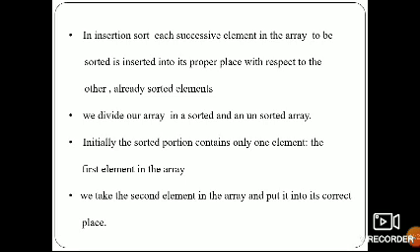In bubble sort, we go in the backward direction. While in insertion sort, the processing is done in the forward direction. It won't go back, it will proceed in the forward direction. That is the difference between bubble sort and insertion sort.